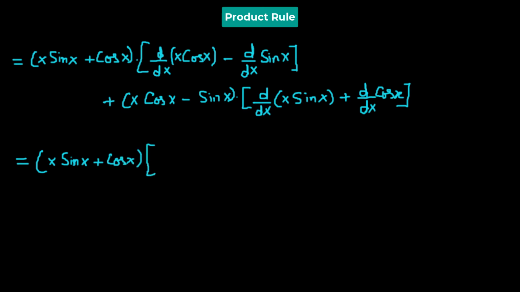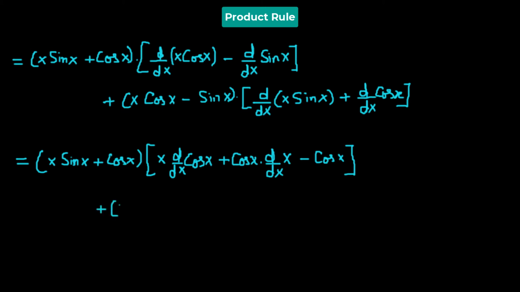times, now we again have the derivative of x cos x, where we can apply the product rule. So we assume x as the first function, so we have x times the derivative of the second function, which is cosine of x, plus cosine of x multiplied to the derivative of the first function, which is x, minus the derivative of the sine function gives us cosine of x, plus x cosine of x minus sine of x multiplied to the derivative.